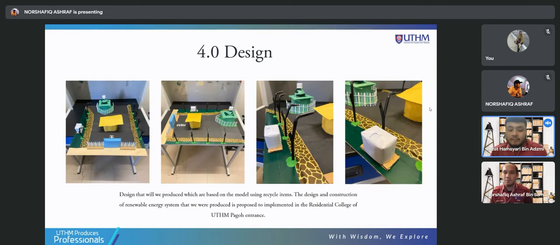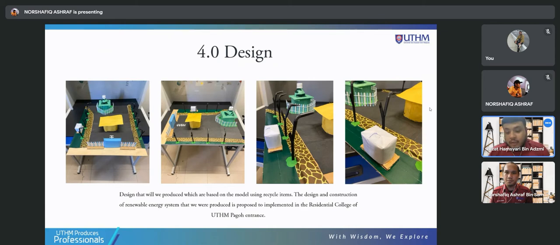For the design, we have produced a model using recycled items. As you can see, in the first picture, the yellow building is the security house, and the green building is the mosque.